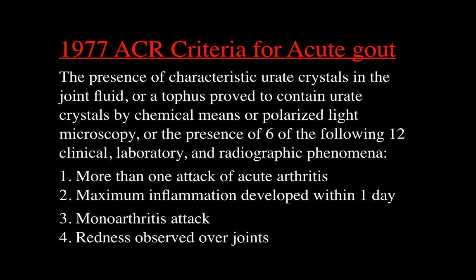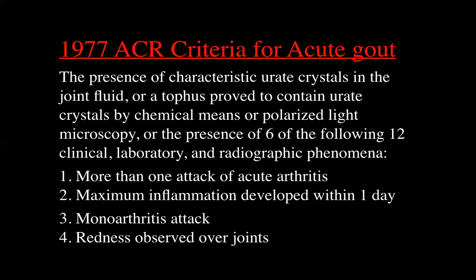Diagnosis. Criteria for acute gout: the presence of a characteristic urate crystal in the joint fluid, or a tophus proved to contain urate crystal by chemical means or polarized light microscopy, or the presence of six of the following 12 clinical, laboratory, and radiographic phenomena.